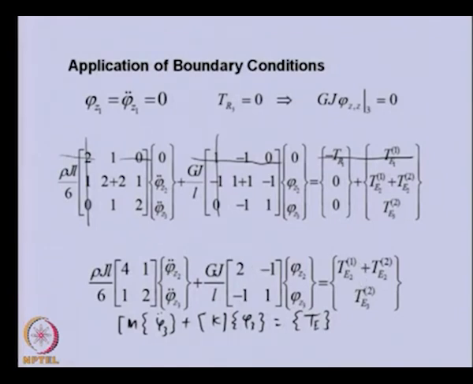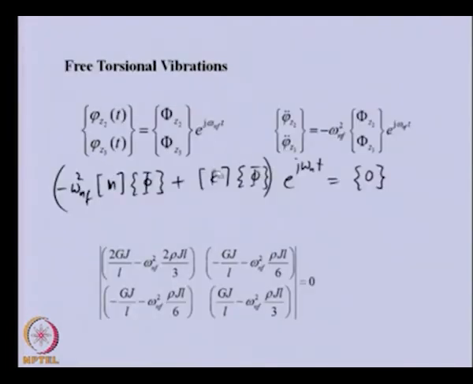Now if we substitute those matrices here and here, and because this two vector are common, we will be having the form of the equation as minus omega n f square times m plus k, and this will be outside, and because this time dependent term will not be there.